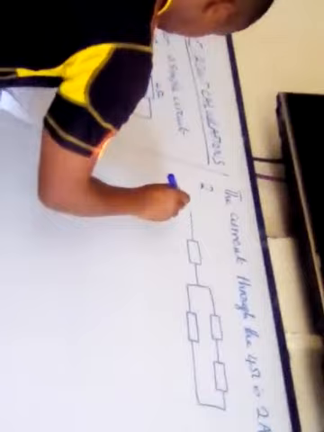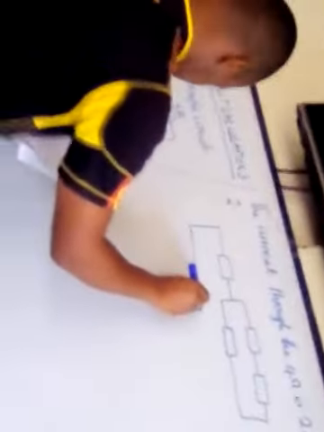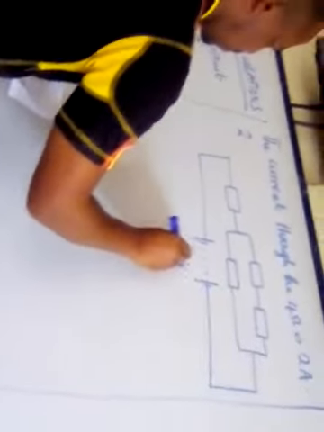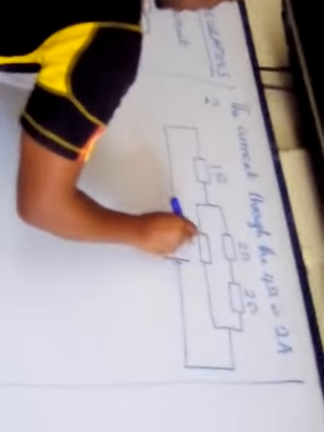We have a network of resistors here, as illustrated in the circuit diagram being drawn, and the arrangement is connected to a source that has a battery of 12 volts. The different resistors are 1 ohm, 2 ohms, 2 ohms, and 4 ohms.